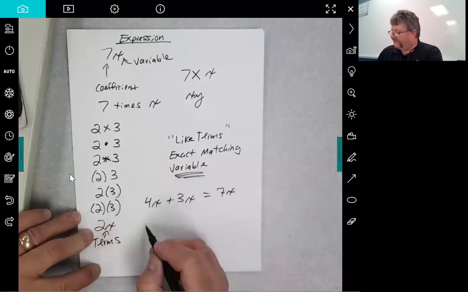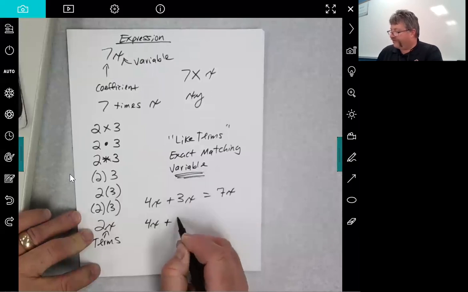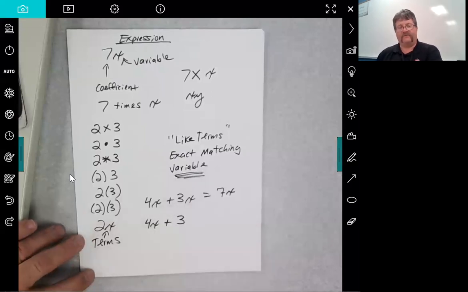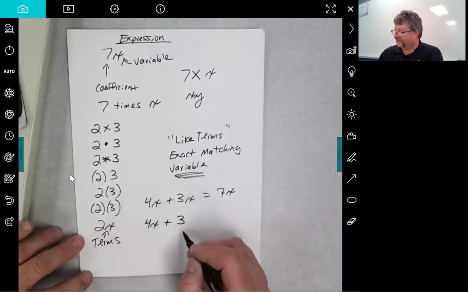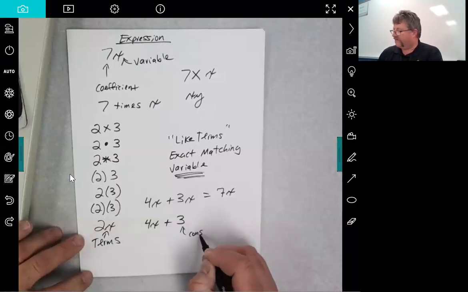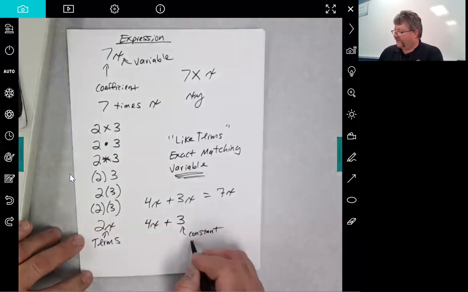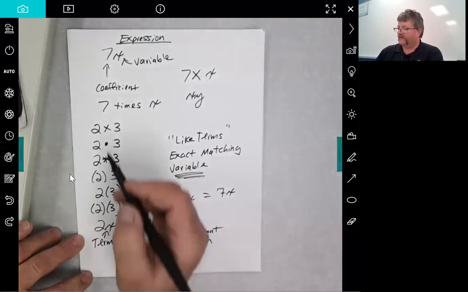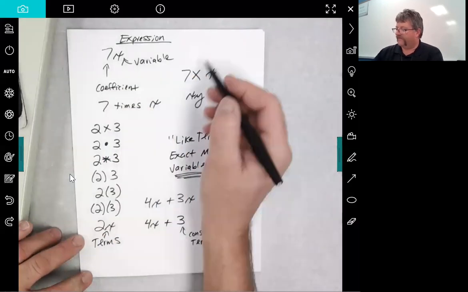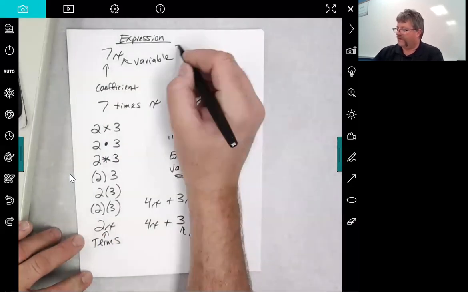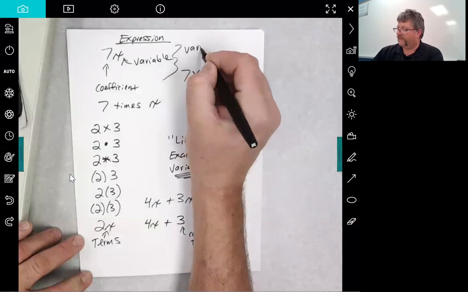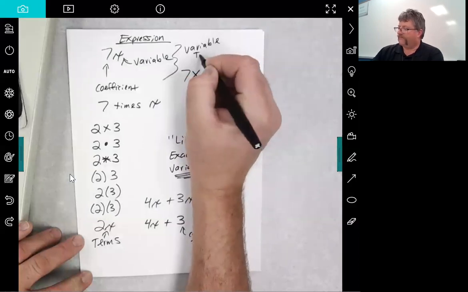4x plus 3 is not a like term because the 4x and the regular old 3, which we call a constant, by the way, a constant term to be more specific. Constant term and this together makes up a variable term. It's got these 2 parts, but we call it a variable term.